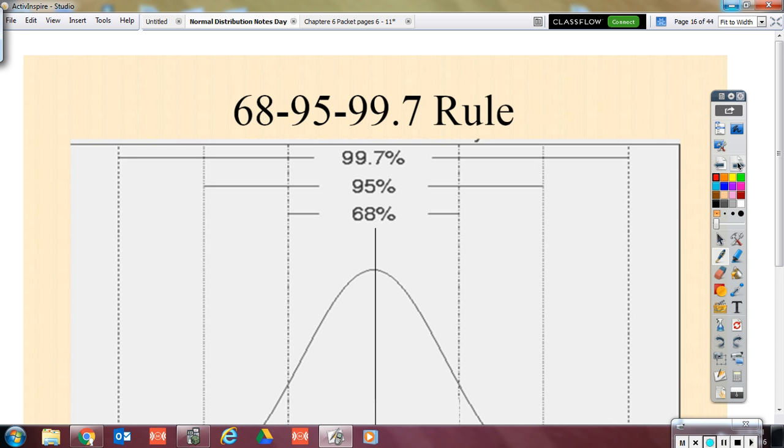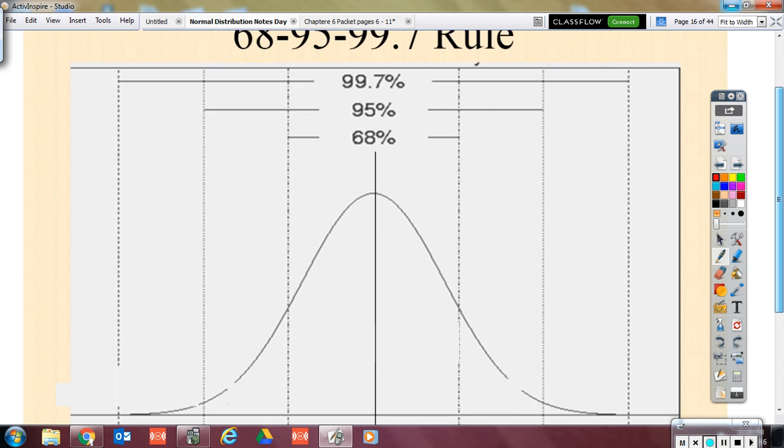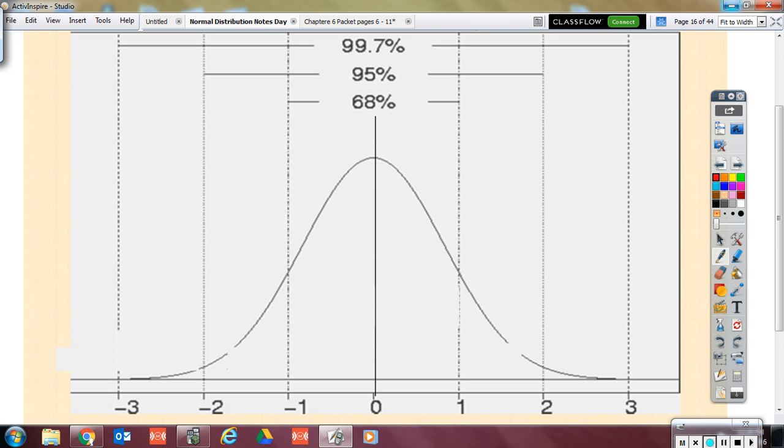Now I want us to take this picture and not only know what's in that 1, 2, and 3, I want to section off each individual section and look at what percentage of data is in each section. Now that we know what the calculus has given us with the 68, 95, and 99.7, you should be able to figure out the rest using your adding and subtracting of areas.